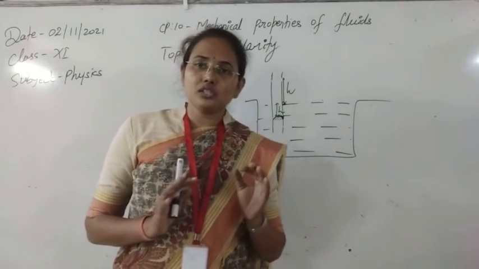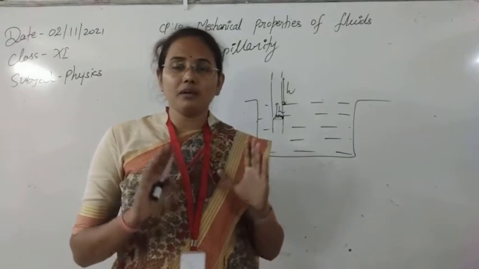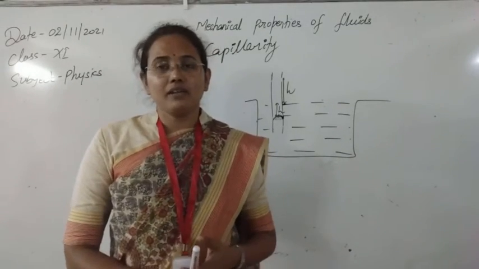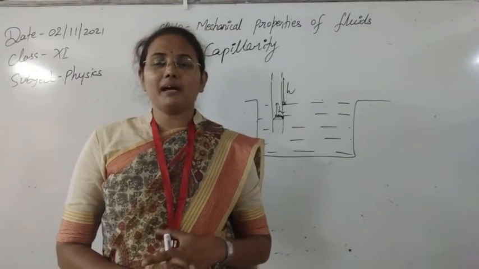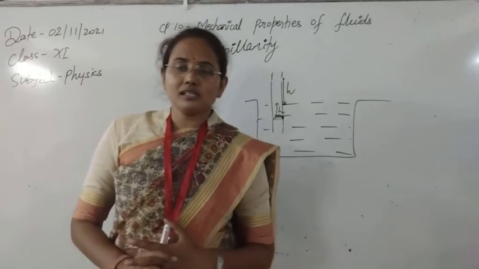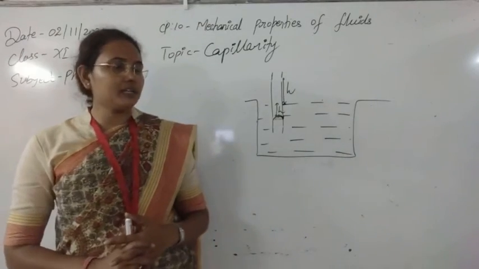So to prevent drought, we have to break the capillary tubes, and that is done by plowing the field. This is another example of capillary action.